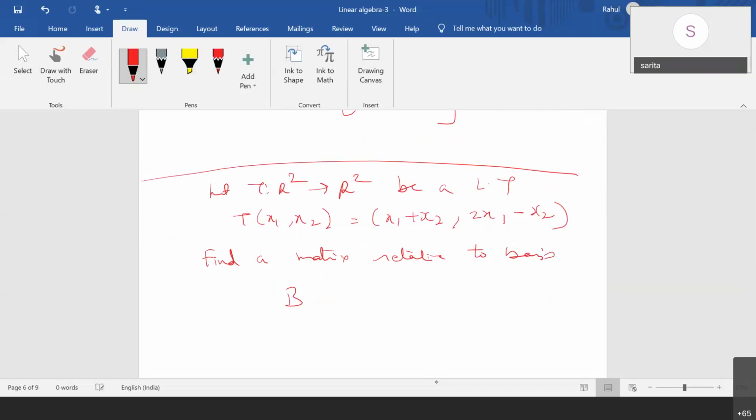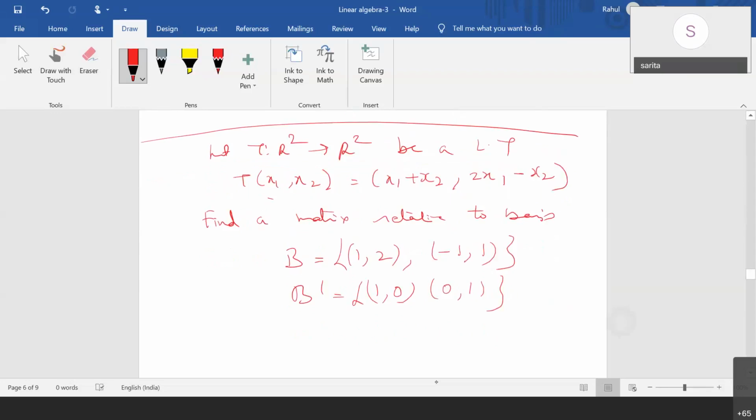B is (1, 2), (minus 1, 1), and B dash is, now what it means, (0, 1), (1, 1). You have a basis in V and you have a basis in W. So these two bases are given. How do you convert this T into the matrix A form?